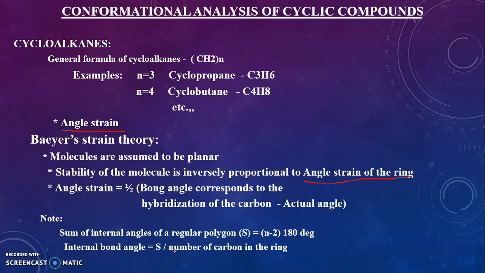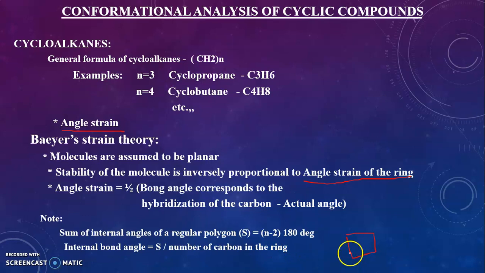Similarly, if you go to cyclobutane, the number of sides is 4, 4 minus 2 is 2, so 2 into 180, you will get 360 degrees. Internal bond angle is 360 by the number of carbons in the ring. In cyclobutane we have 4 carbons, therefore 360 by 4 will give you 90 degrees.